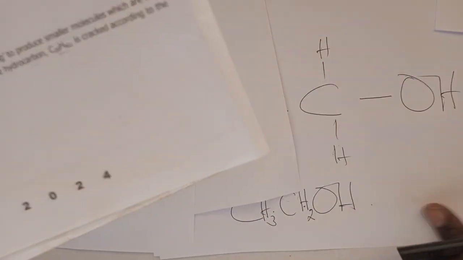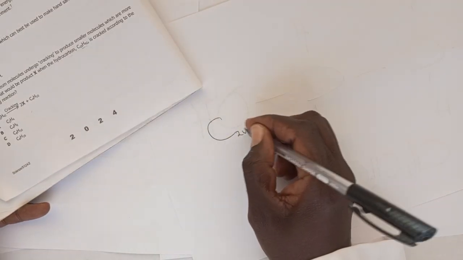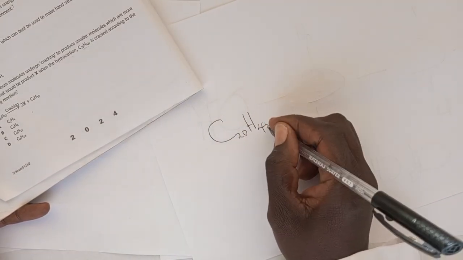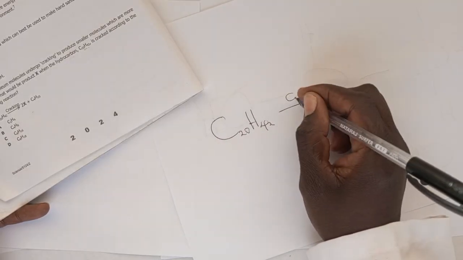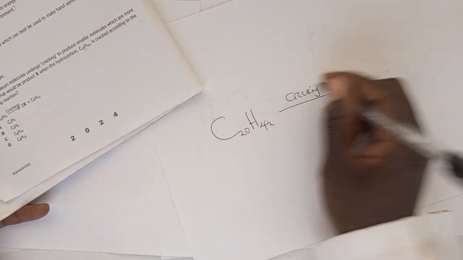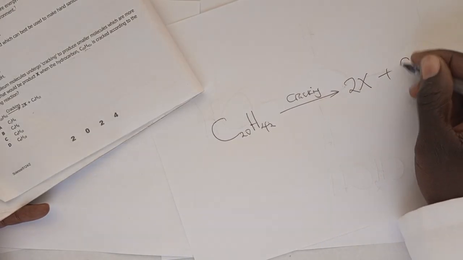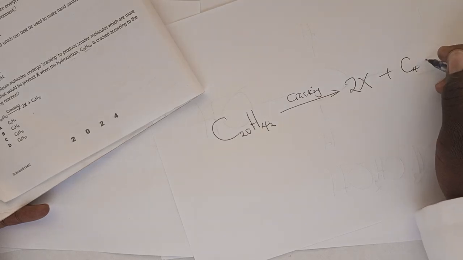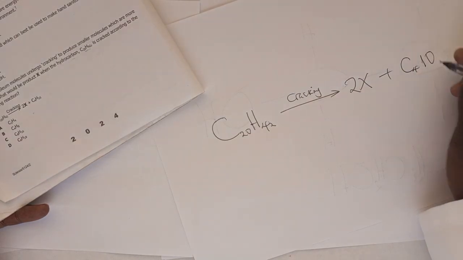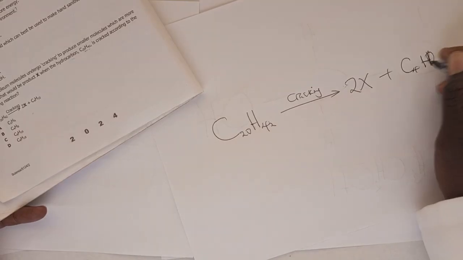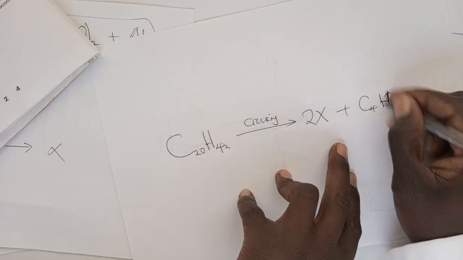So we have this reaction here, which we have been shown, which is C20H42 cracked to 2X plus C4H10. So it should be H10 right there. It was just a mistake I made.